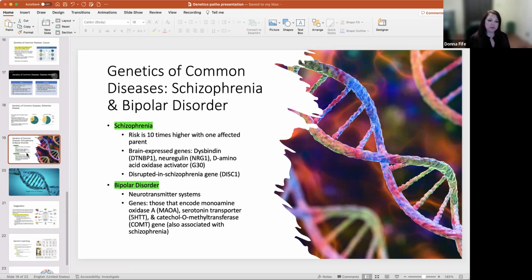Now with bipolar disorder, neurotransmitter systems are involved, and the genes are those that encode MAOA, the serotonin transporter, and the catechol-O-methyltransferase gene, which is also associated with schizophrenia. So this gene in particular, the COMT gene, is associated with schizophrenia and bipolar disorder.